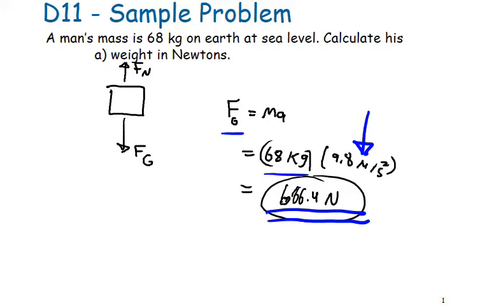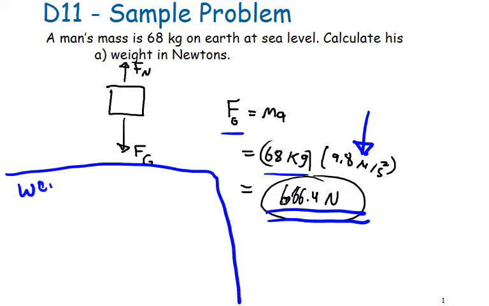So what we're going to do next is find the person's weight on the moon. The acceleration on the moon is 1.6 meters per second squared. Go ahead and try that, and then we'll compare that to the weight of this person on Earth.